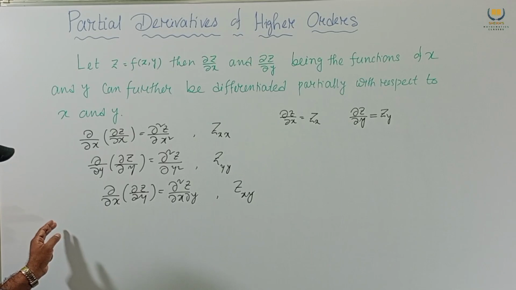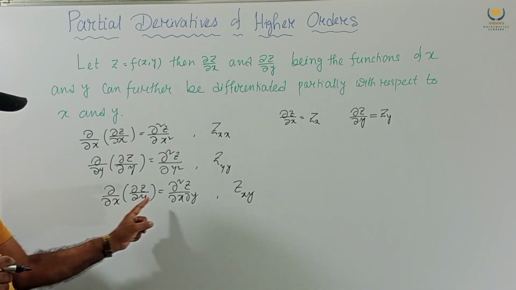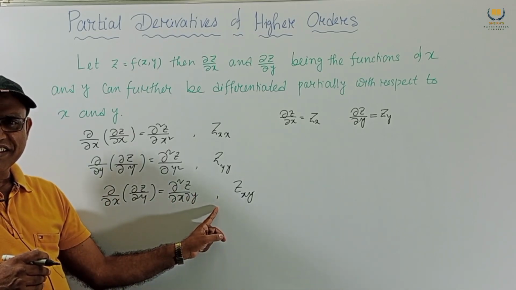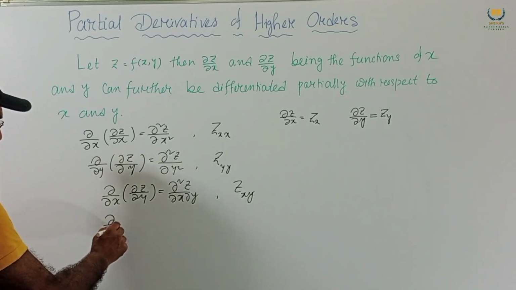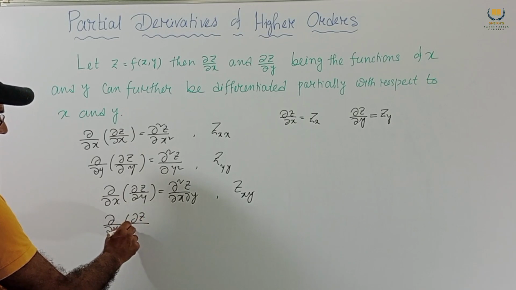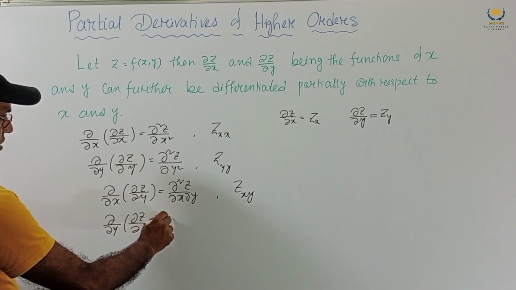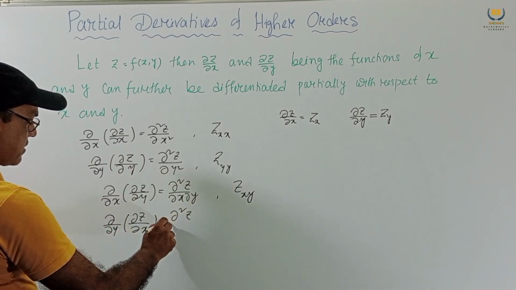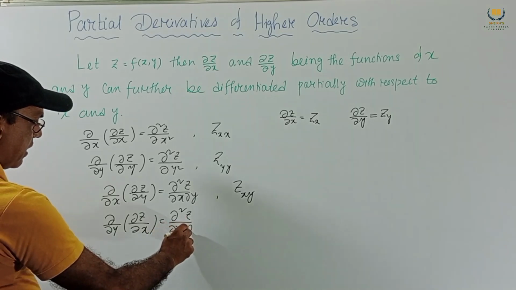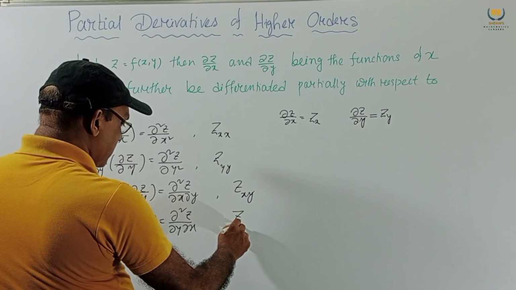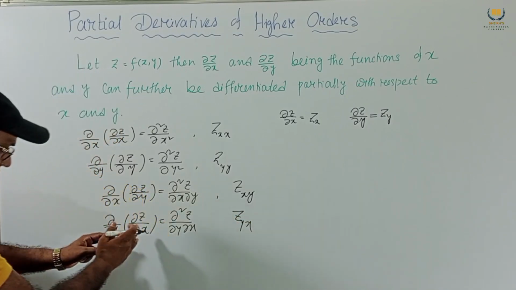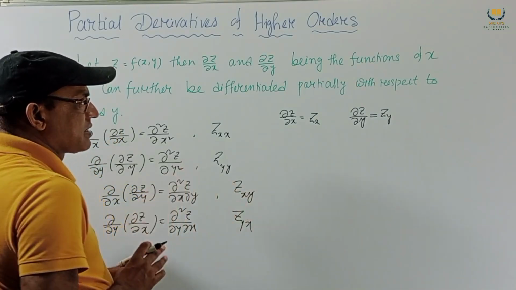So x is on the left side, here x left side, we write this on left side. This is the technique. And if we have del y of del z del x, then this will be del square z del y del x, and this can be written as z y x. Y is on the left side.